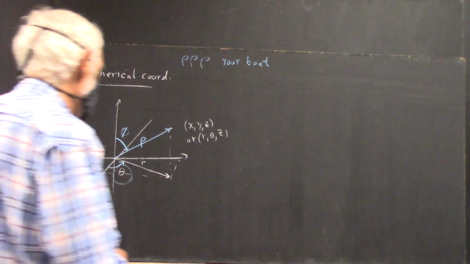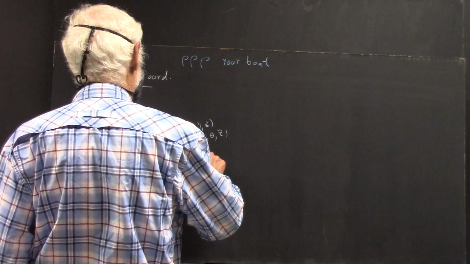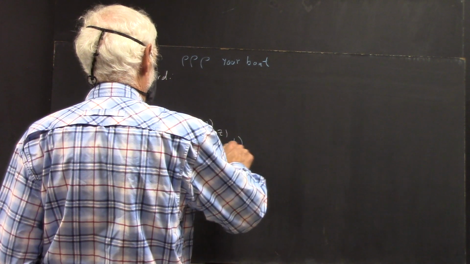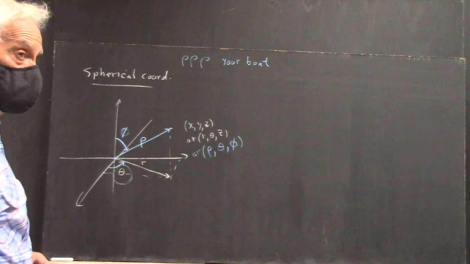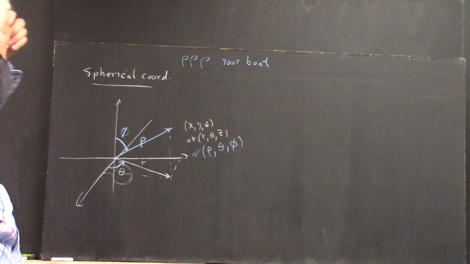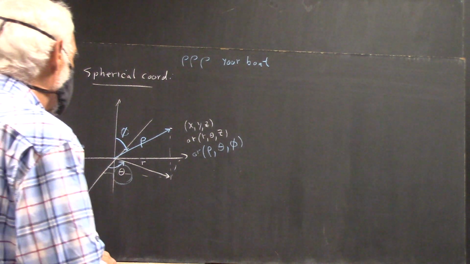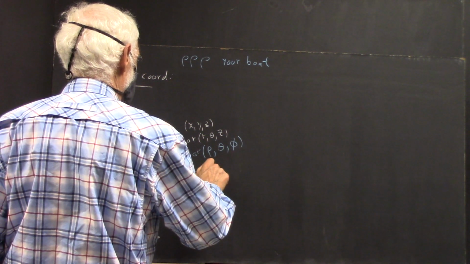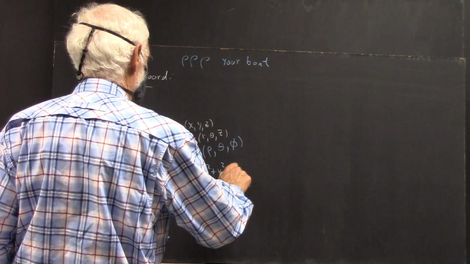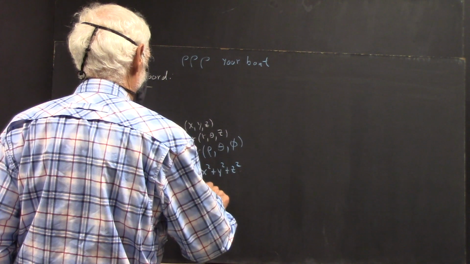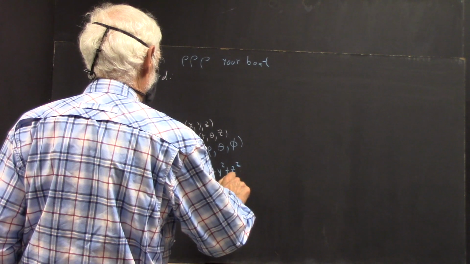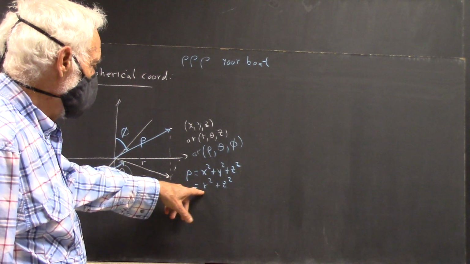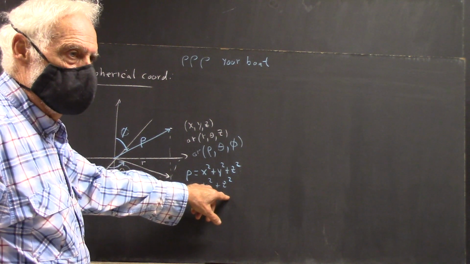So now the spherical coordinates are rho, theta, and phi. Rho equals the square root of x squared plus y squared plus z squared, which is also the square root of r squared plus z squared.